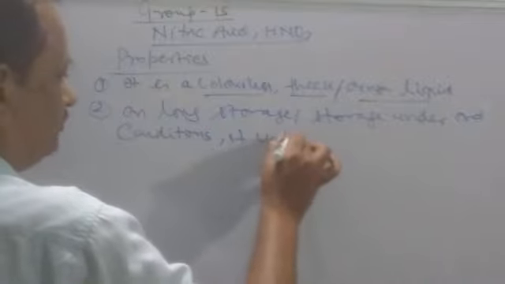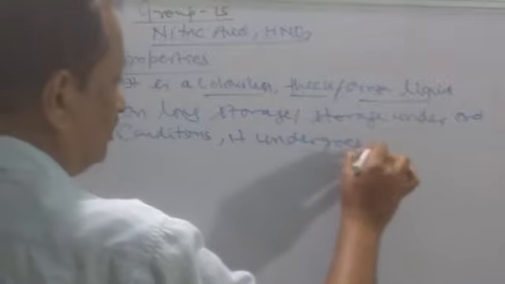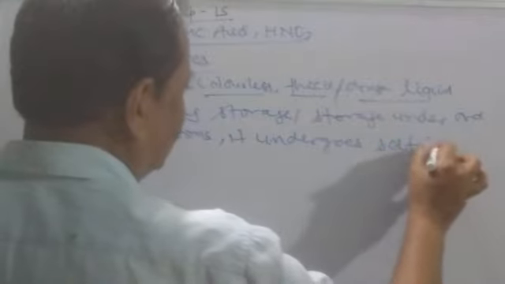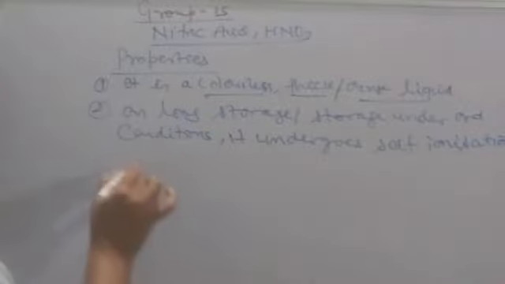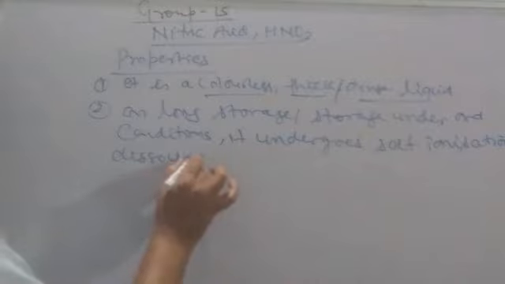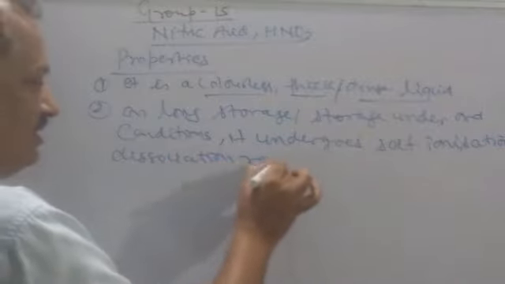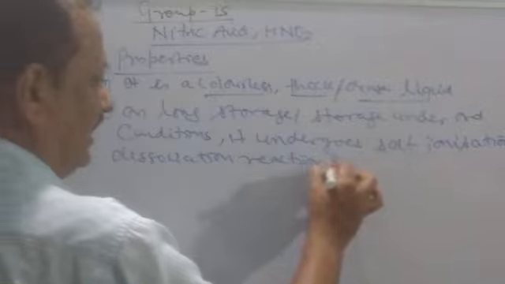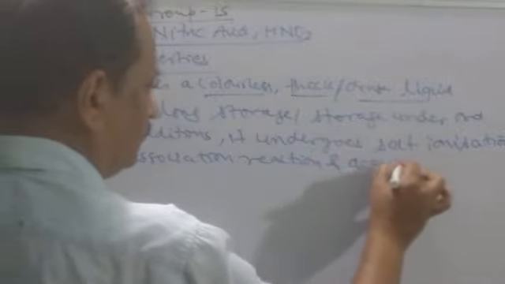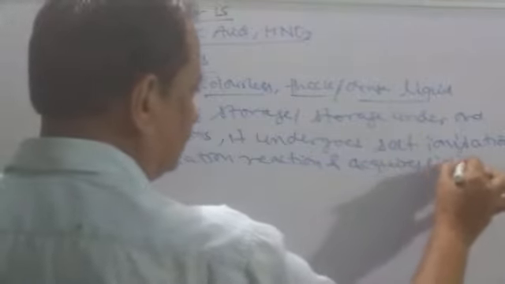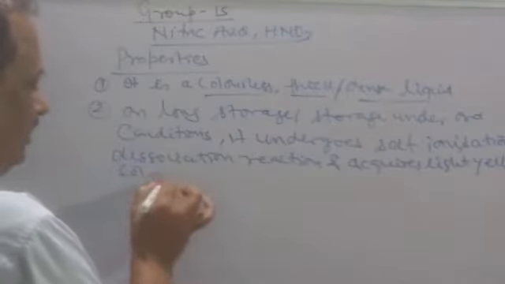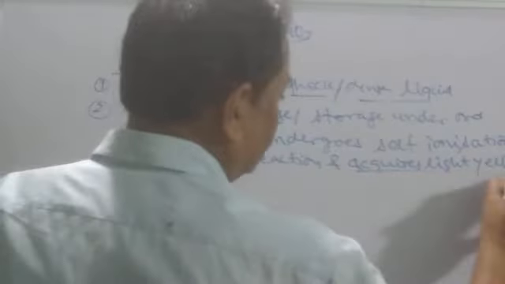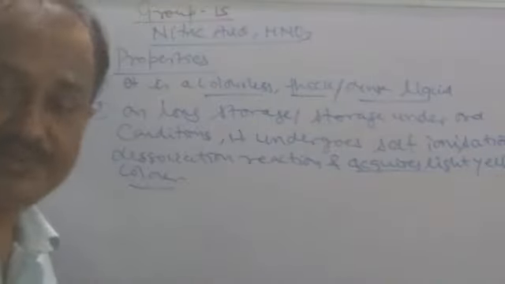It undergoes self-ionization, or self-dissociation, or simply you can say dissociation reaction, and acquires light yellow color. This is a very important point. Light yellow color. This is self-dissociation.